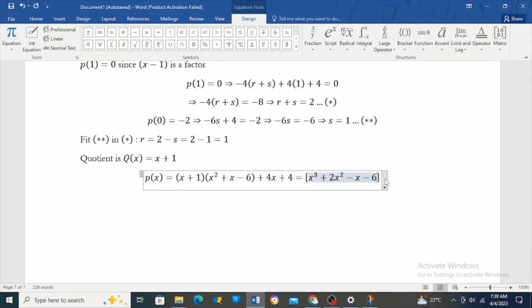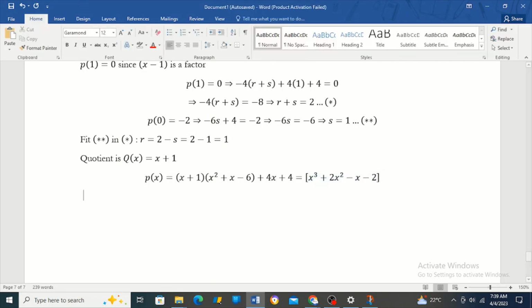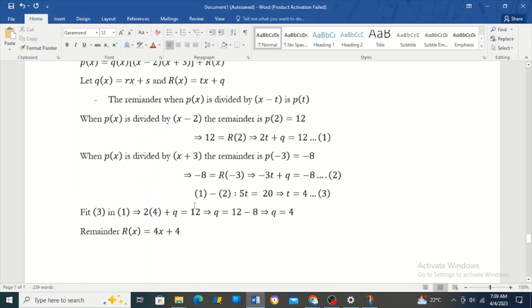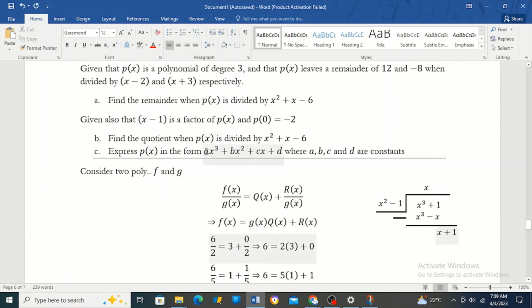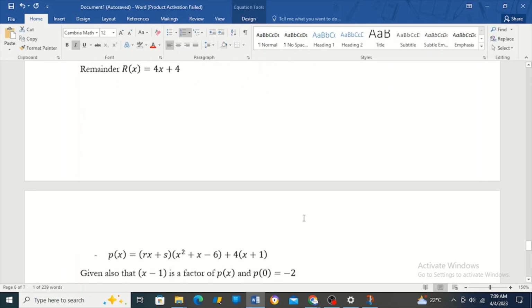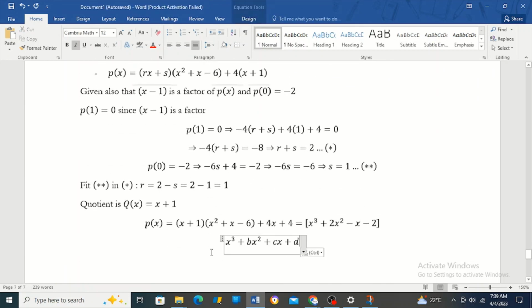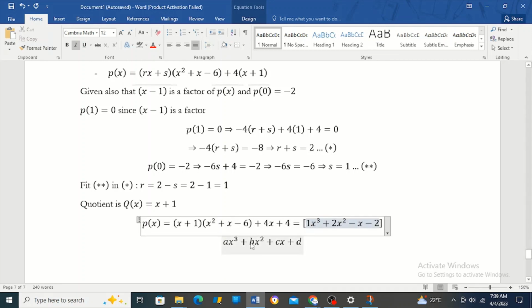So at the end of the day, this is our expression in the form ax cubed plus bx squared plus cx plus d. We can just indicate the values of those constants a, b, c and d. So we see that our a, the coefficient of x cubed, is 1. Our b, the coefficient of x squared, is 2. Our c, the coefficient of x, is negative 1, and our d, the constant term, is negative 2.